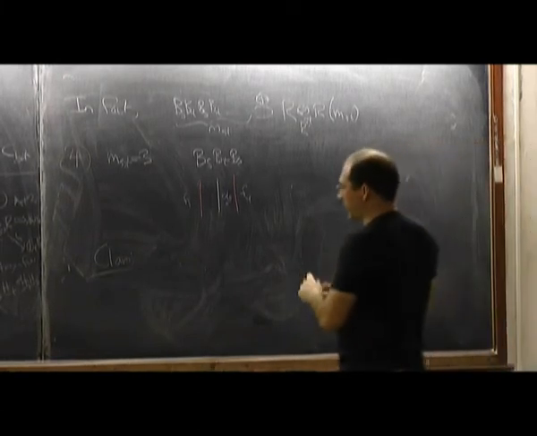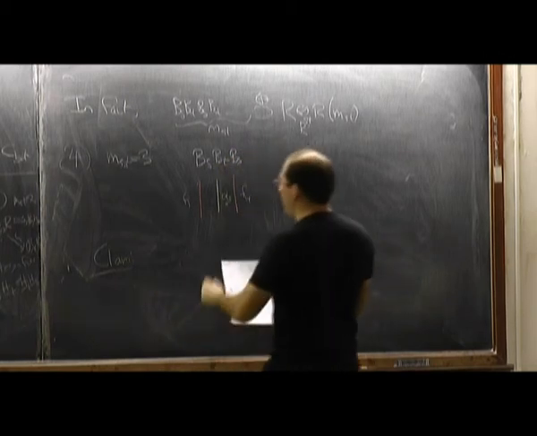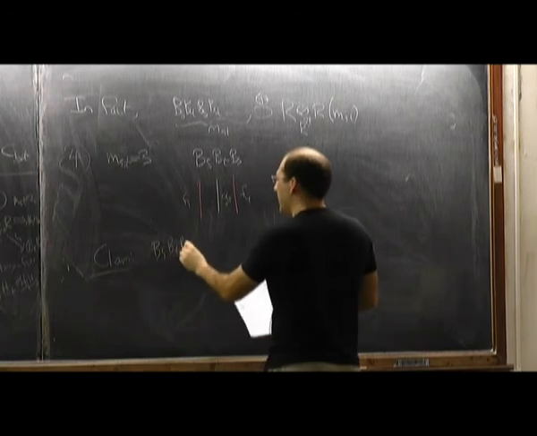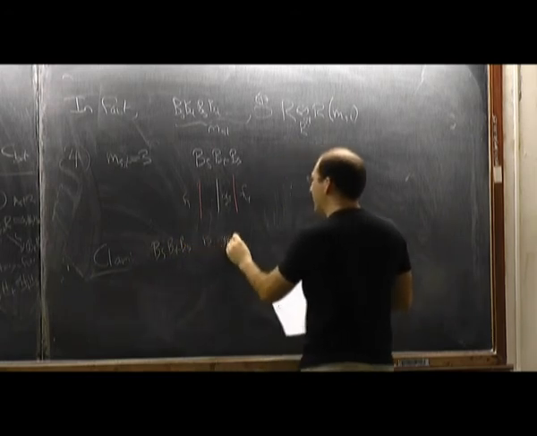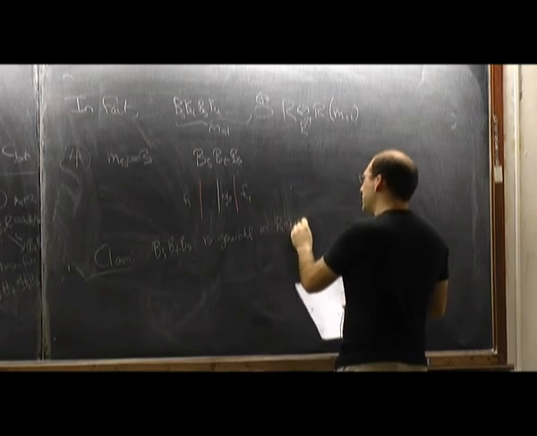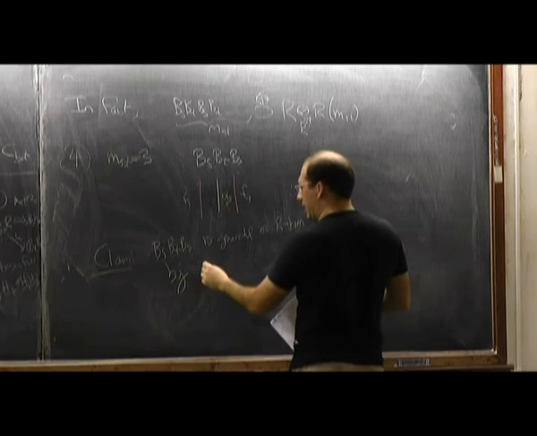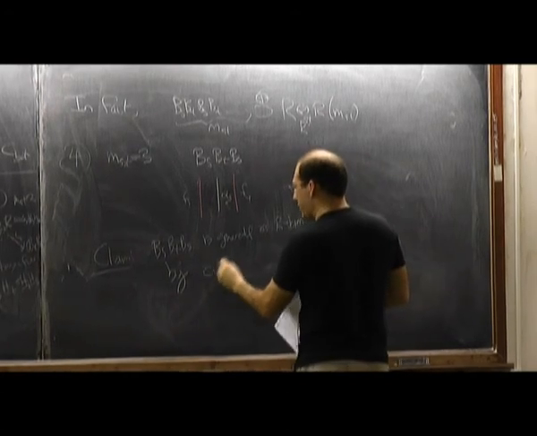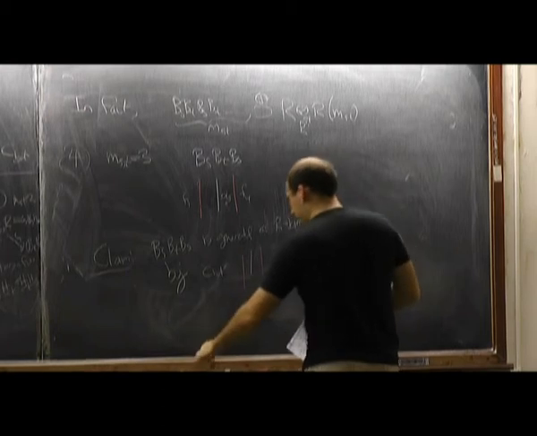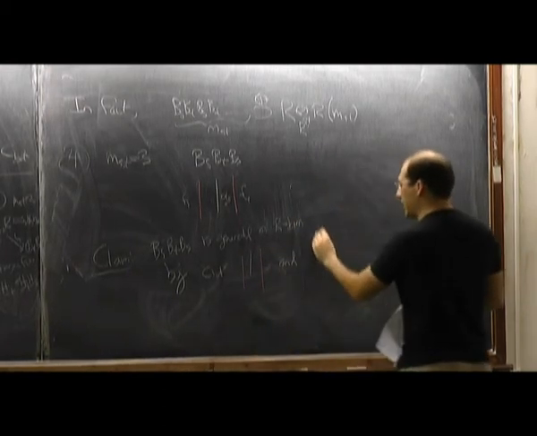All right, so back to this examination. The claim is that the BS BT BS is generated as an R bimodule by c_bot, which is just 1 tensor 1 tensor 1 tensor 1, and by some linear term stuck in the middle.